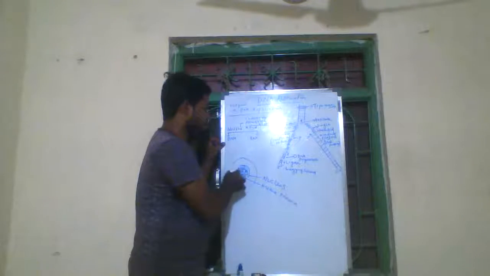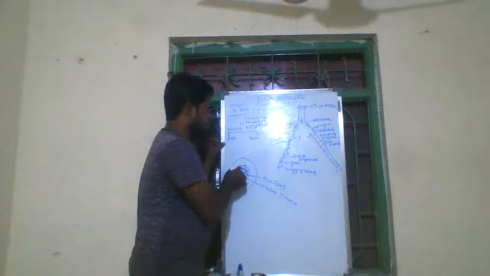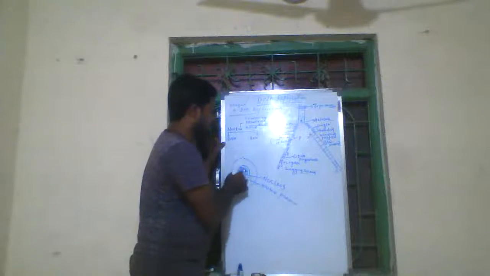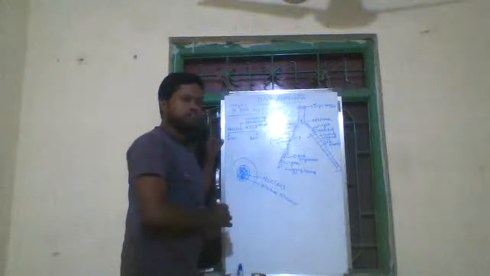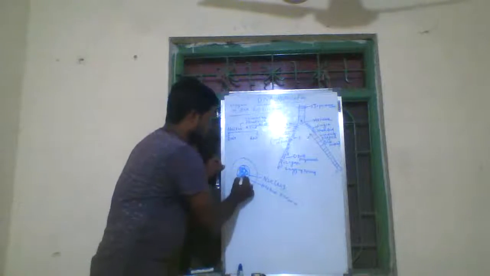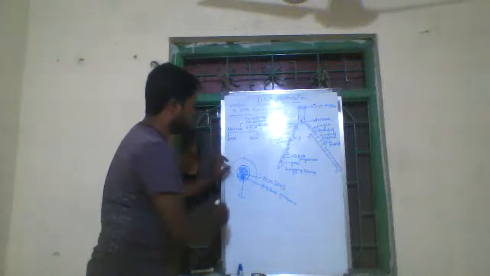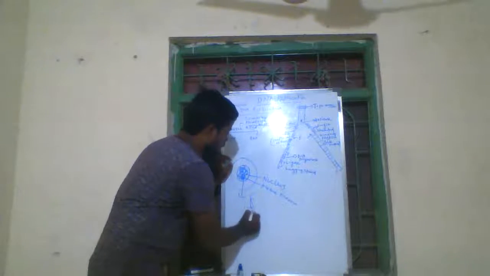The histone protein is wrapped with nucleic acid, meaning the chromosomes, and the chromosome contains the DNA. If we open this content from the nucleus, this is a chromosome, a long stretched structure.